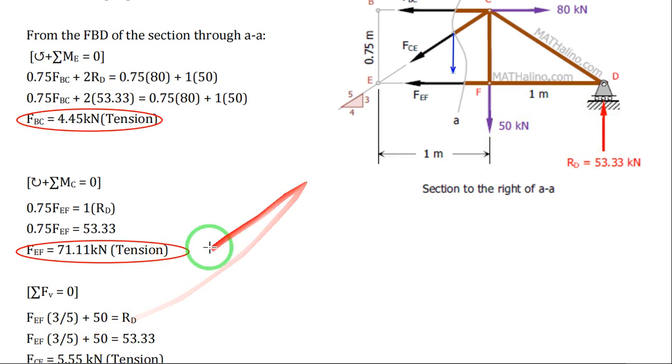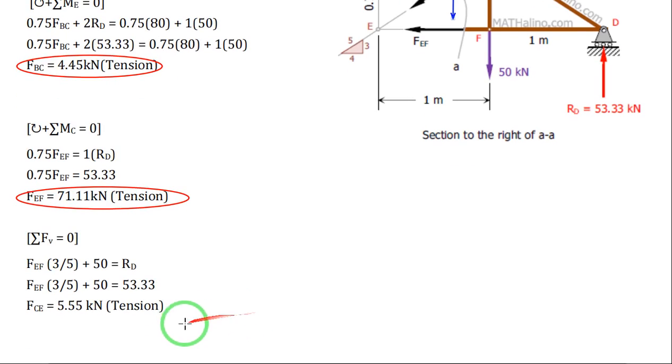So vertical, you have FCE sine theta, that is 3 over 5, plus 50 equals RD. So your FCE is 5.55 kilonewton, which is in tension. Again, we have arrived with a positive answer, meaning our assumption that FCE is in tension is correct.